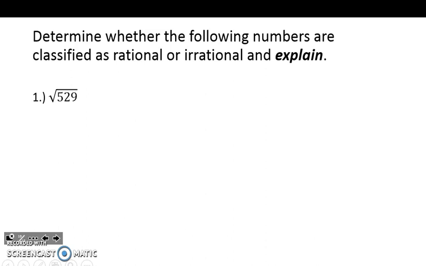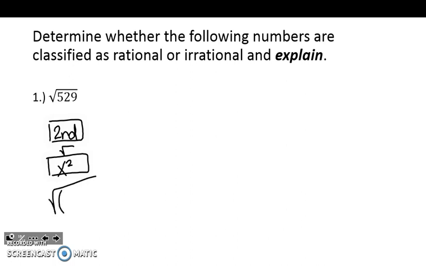Well, we know that the first thing you're going to do is you are going to evaluate it. So you're going to take and hit that second button, hit that x squared button, and then type it in. When you type it in, the square root of 529 is actually 23.